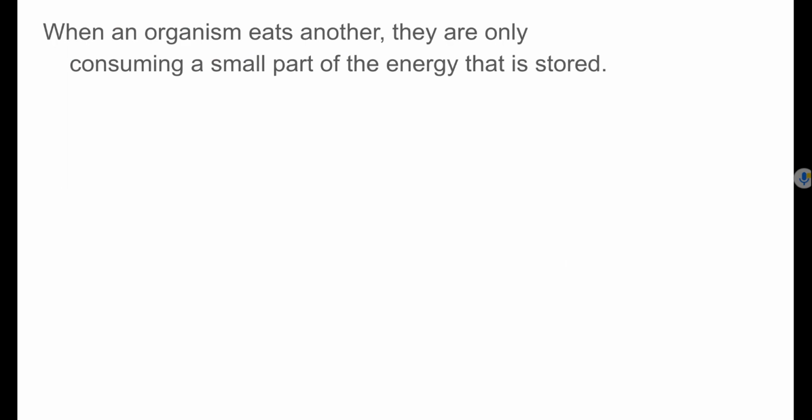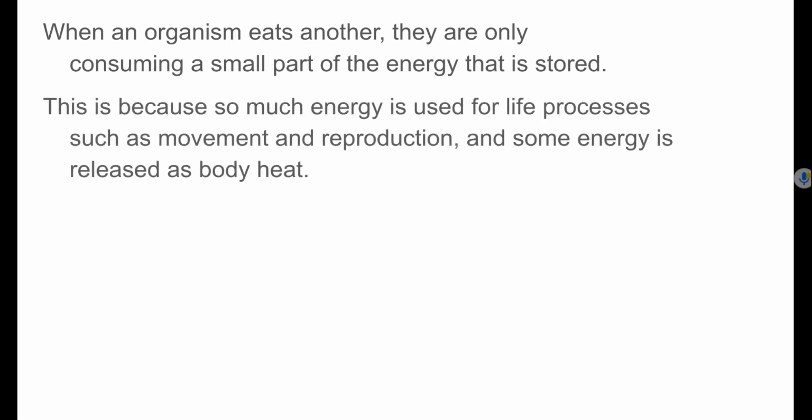Now let's talk about the amount of energy being passed along through the food chain and food web. When an organism eats another, they are only consuming a small part of the energy that is stored. This is because so much energy is used for life processes, such as movement and reproduction, and some energy is released as body heat.